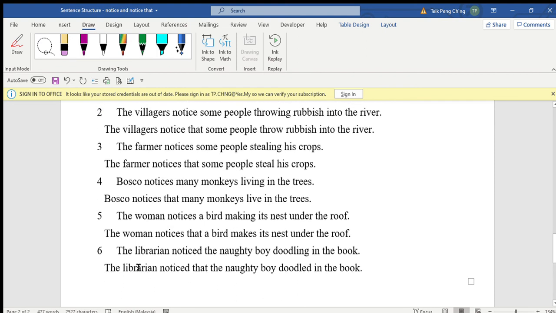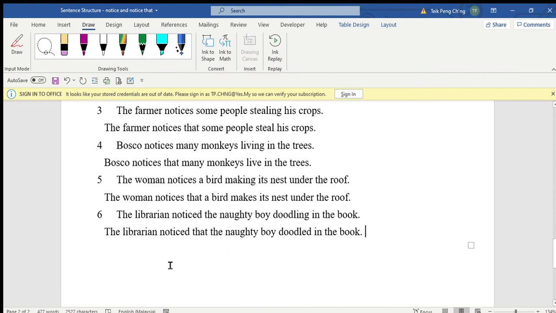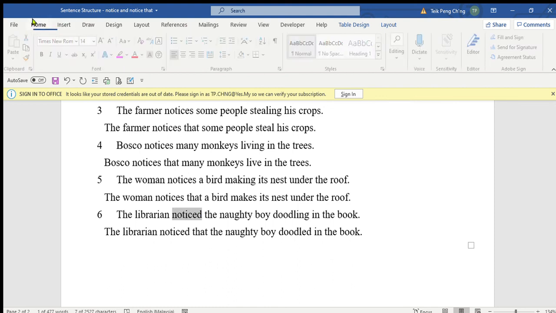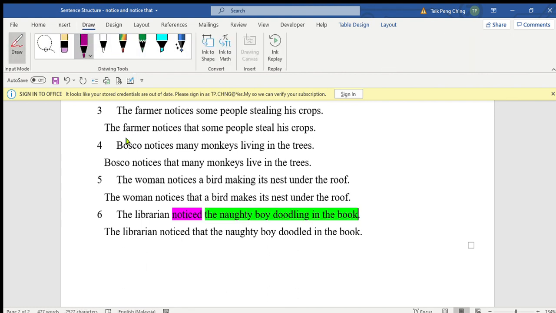Okay, so before we finish this lesson, let me recap the lesson for you. When we want to use noticed with a sentence as the object, you need to use the ing form of the verb.